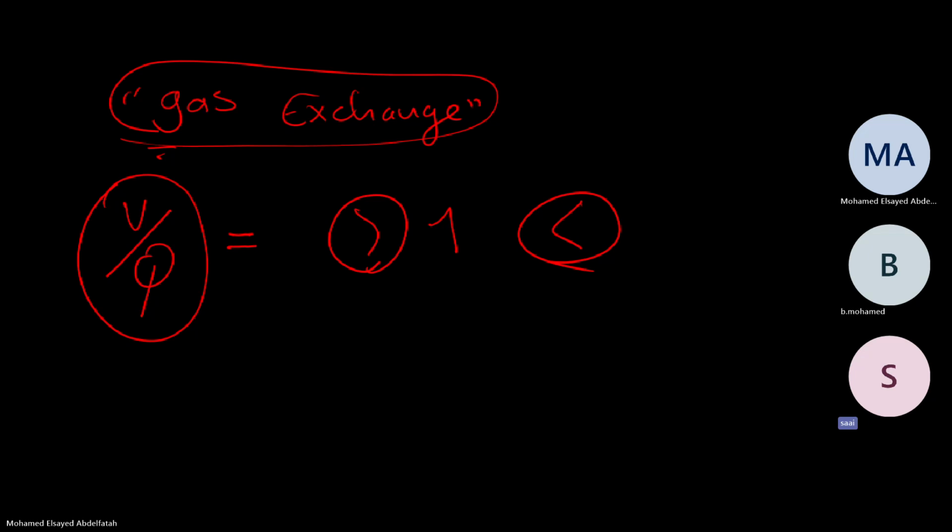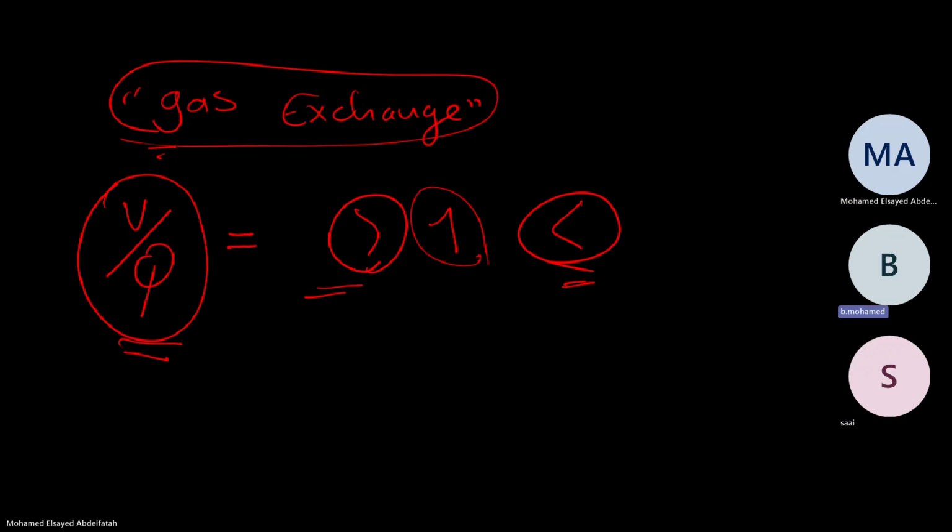Doctor, can you repeat the question? For gas exchange to be optimal, the VQ ratio, the ventilation perfusion ratio, should be 1, more than 1, or less than 1? Less than 1.